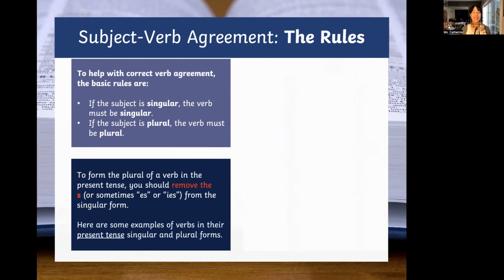Here are some examples of verbs in their present tense, singular and plural forms. Remember, present tense. Okay, so we have the singular becomes: she becomes, he becomes. The plural would be become. Okay, becomes, become. So think again.